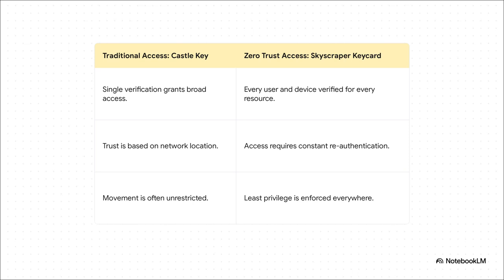In the old model, right, your key gets you inside the castle walls and then you're free to roam around wherever you want. But zero trust, that's like the skyscraper. Your keycard gets checked in the lobby, it gets checked again to use the elevator, again when you get to your floor, and maybe one more time at your actual office door. Access is super specific, it's limited, and it's constantly being rechecked.